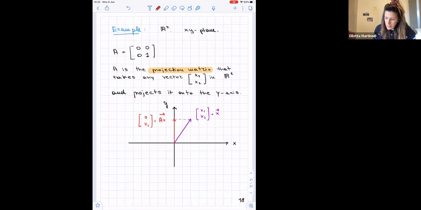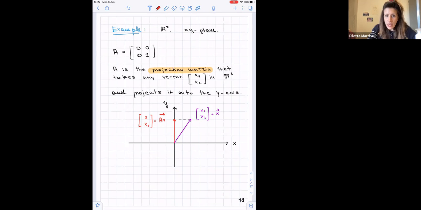So we take the R2 plane, x and y, and let's say that A is the following matrix: 0, 0, 0, 1. This is what we call a projection matrix. It operates on a vector, so it takes as an input a vector in the plane, x1, x2.